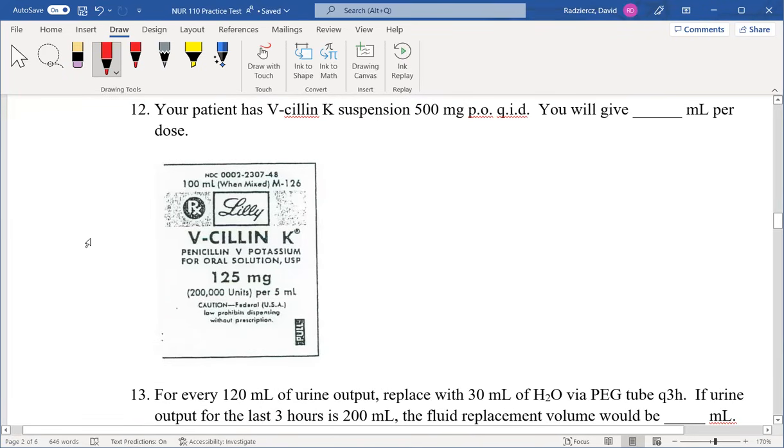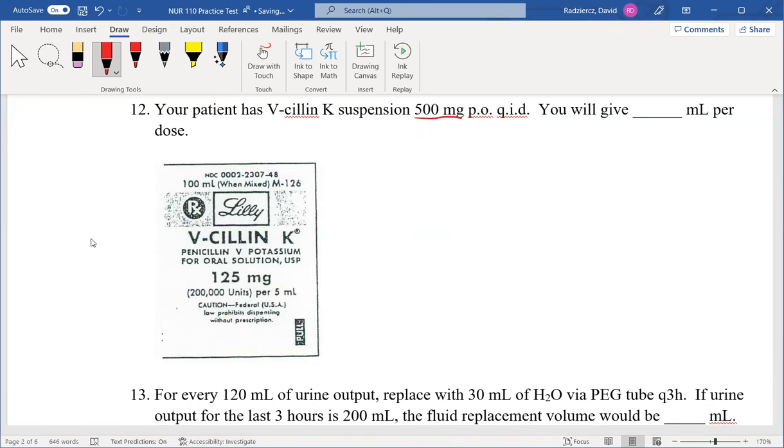All right. Number 12, we're going to do the same way. The Pen-Vee K, 500 milligrams by mouth, QID. How many milliliters will you give? So first of all, here's our order, 500 milligrams by mouth, QID, 4 times a day. Then I'm going to look at what I have available. It says 125 milligrams. Then it says 200,000 units per 5 ml.